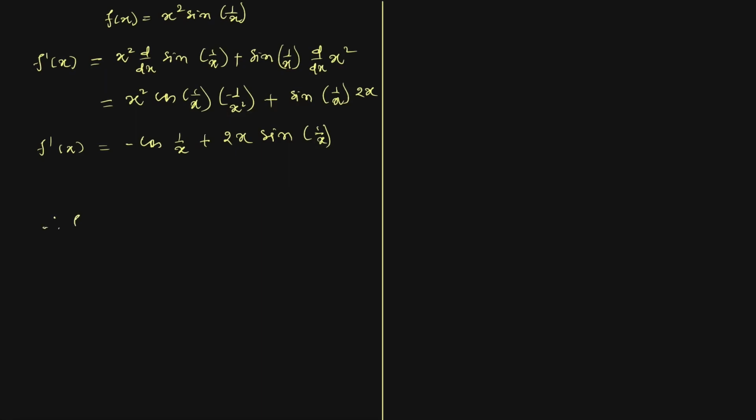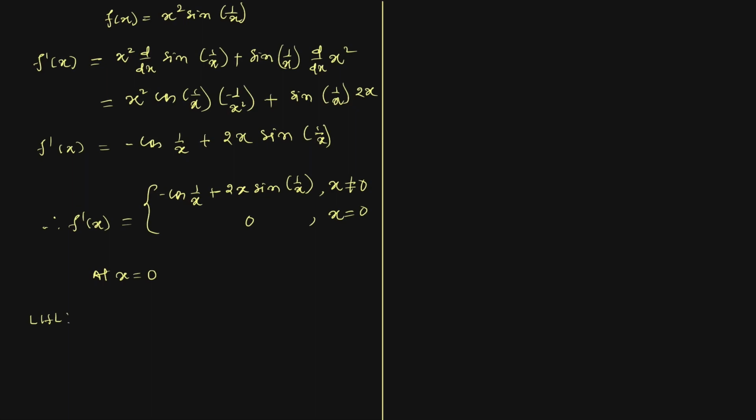Therefore f dash x we are able to write as minus cos 1 by x plus 2x sine 1 by x when x is not equal to 0, and f dash x equal to 0 when x equal to 0. Now we are going to check the continuity at x equal to 0.